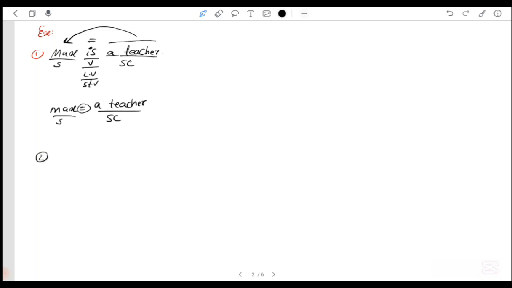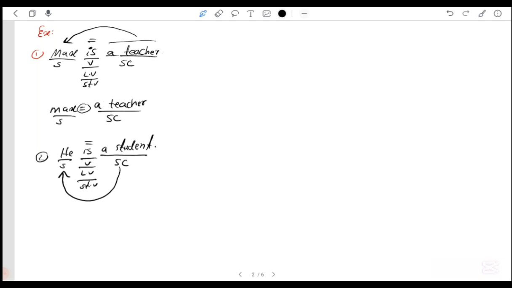So a second sentence, I'm gonna write. I would say another sentence like, he is a student. In this sentence, we have the subject, the verb, the linking verb, and a student is the subject complement. It always talks about the subject, and the linking verb functions like an equal sign.